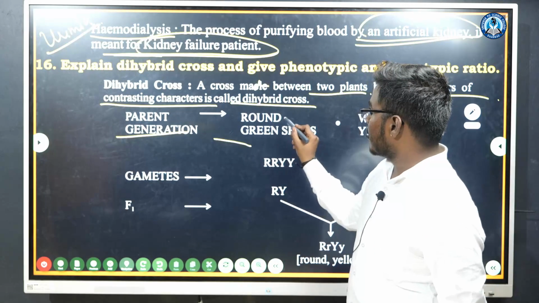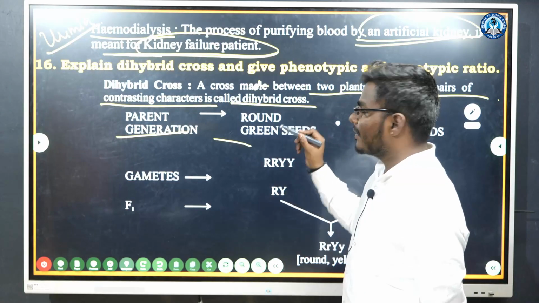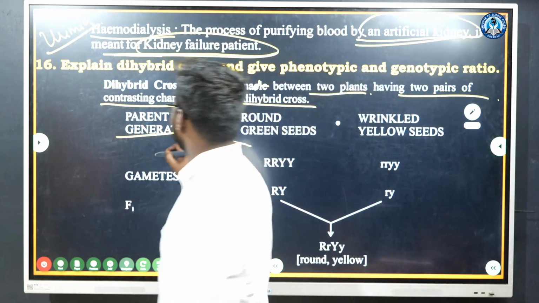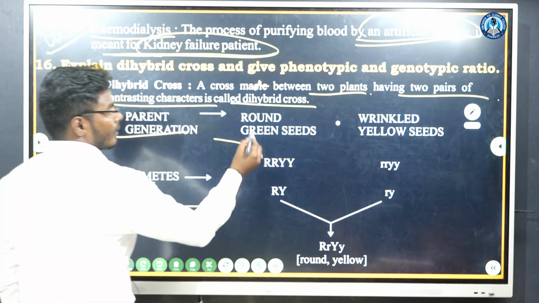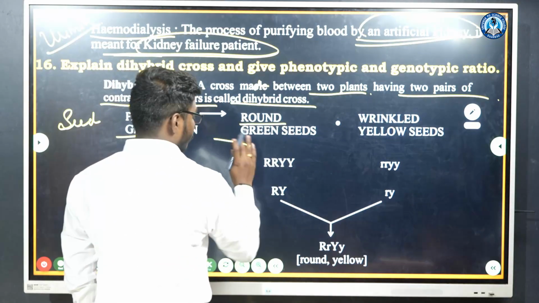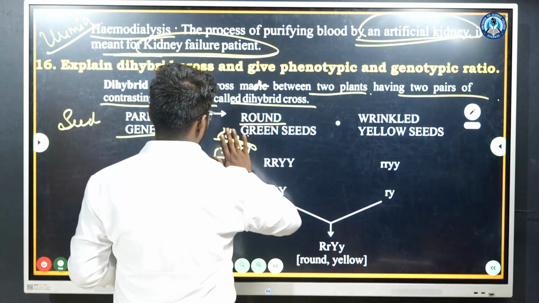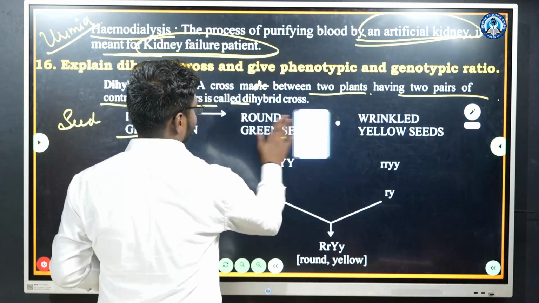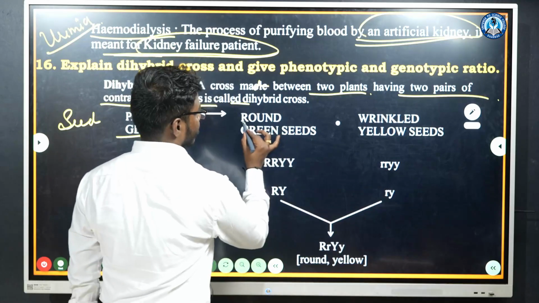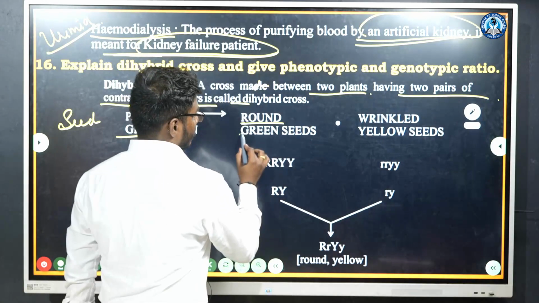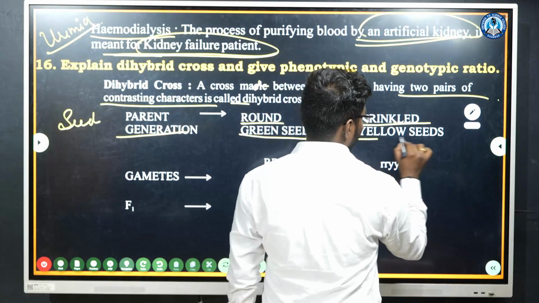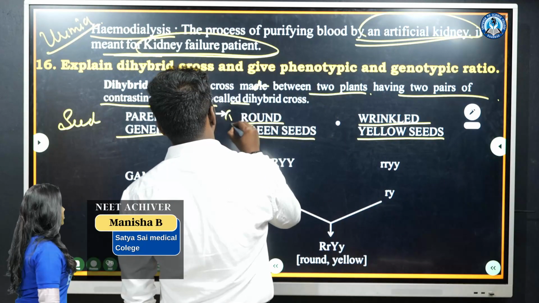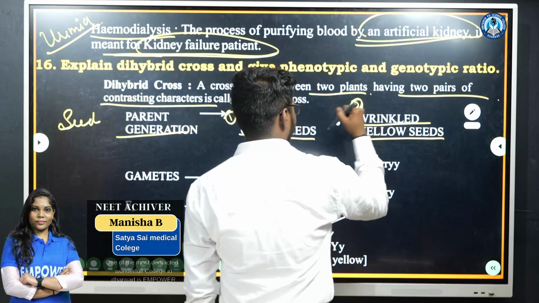He chose round seed. Here it is a character of a seed. Round seed, round. So here it is round yellow seed. Here it is wrinkled green seed. This is one parent, this is another parent.